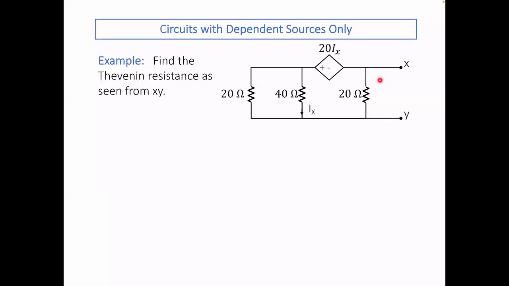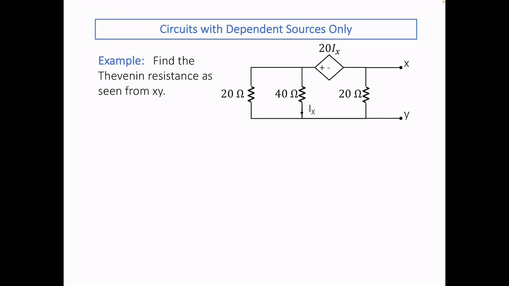Notice that this circuit, tinanggal na yung load, ano? Wala na yung load. So presumably, these are your load terminals, and you want to know the Thevenin equivalent of this circuit. So the circuit has no independent sources.